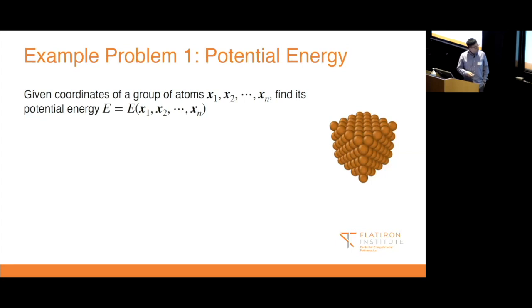In that sense, we want to fit an energy function which takes all the coordinates x1 to xn as the input and gives the potential energy as output. So this is a purely supervised learning problem.